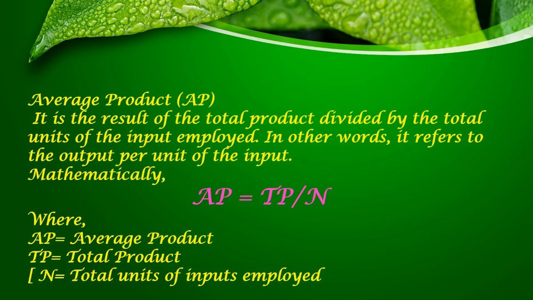Symbolically, AP is equal to TP divided by N, where AP is average product, TP is total product and N is the total units of input employed.